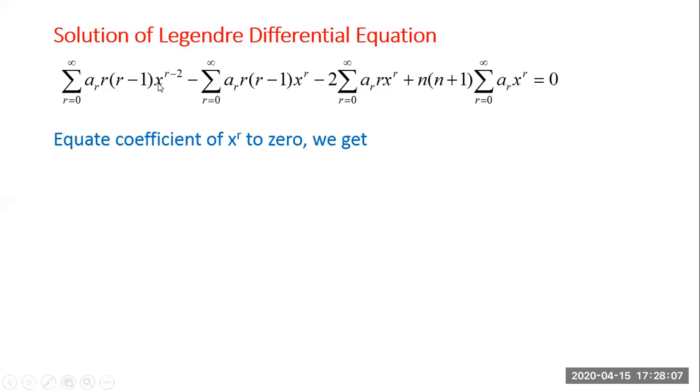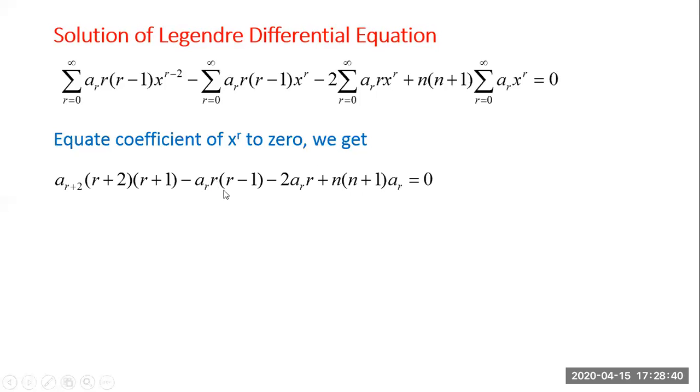When you go 2 steps forward, you get x to the power r, and the coefficient r becomes r plus 2. R plus 2 minus 1 gives r plus 1. So the coefficient of x power r from the first term is a r plus 2 into r plus 2 into r plus 1. And from the others we get r into r minus 1 minus 2r plus n into n plus 1, times ar, and equate that to 0.